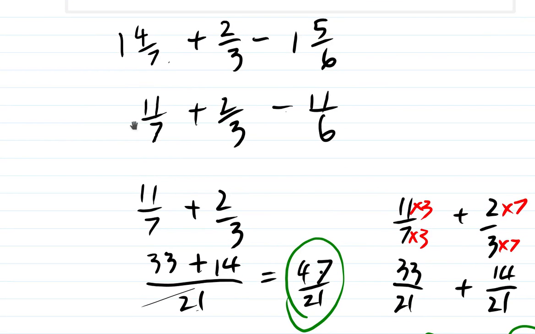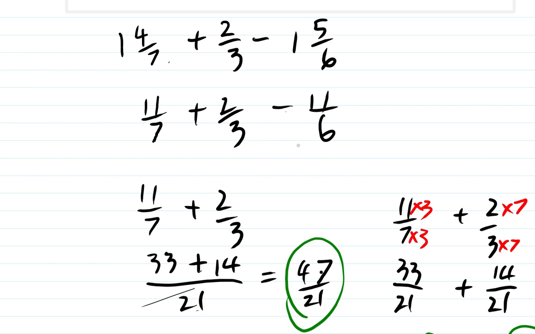Now, continuing from there, what you really have is 47 over 21 minus 11/6, because remember what we did a while ago was just this part. Alright? And remember, as usual, we're not in exam now. Hopefully you're not watching this video in the exam. So, we're not in a hurry.